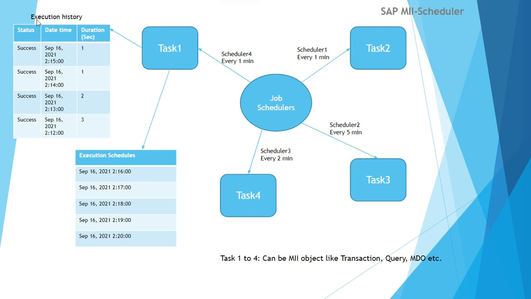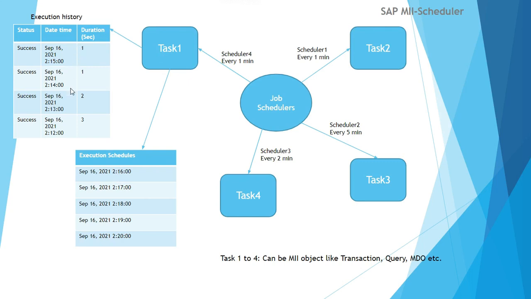In that case it will generate an execution history of that task, and that execution history gets stored in an SAP MII table, and this table's data increases at every execution. At the same time it also creates execution schedules for the future: what will be the time when our next execution will be performed for task 1.